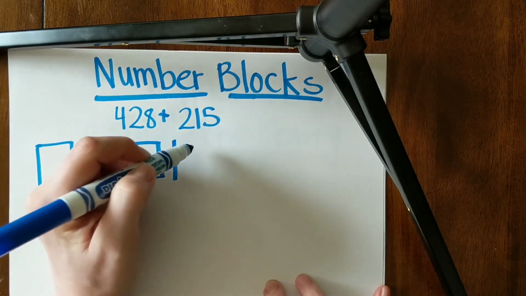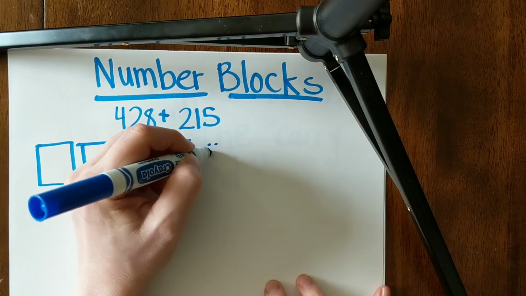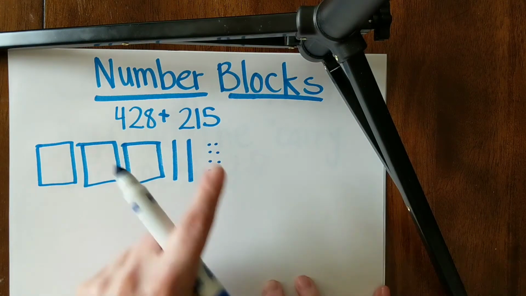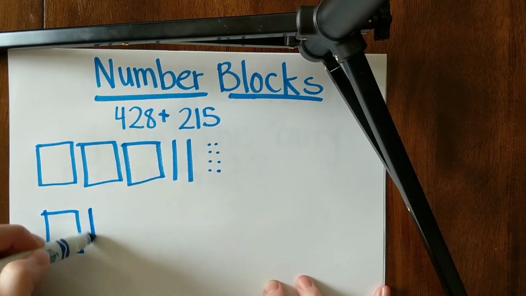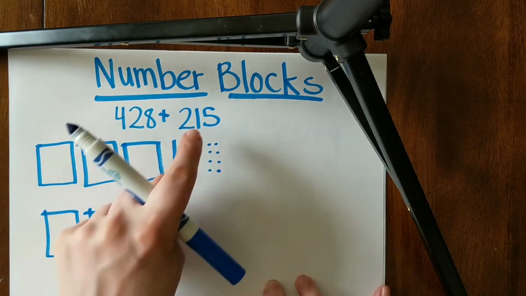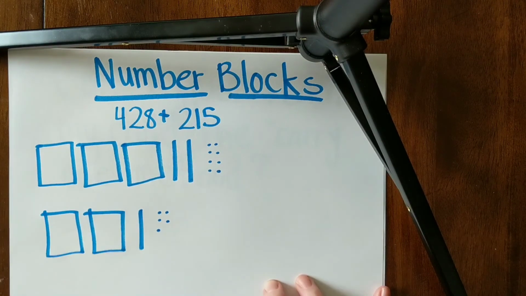Our tens are sticks of 10. I have 2 tens. And I have 1, 2, 3, 4, 5, 6, 7, 8 ones. Now I'm going to add 215. So 2 tens, or 2 hundreds, sorry about that. 1 stick of 10. And 5 ones. 1, 2, 3, 4, 5.